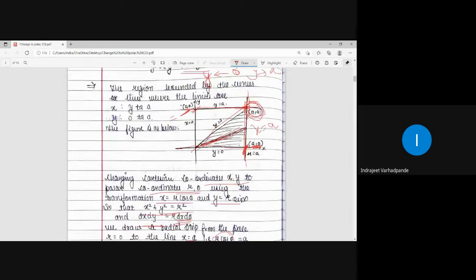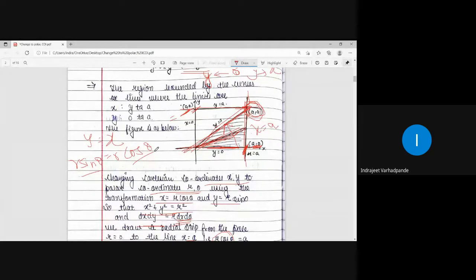Now this is a radial strip which will rotate from the initial line. Initial line theta is equal to 0 and the rotation will be till this particular boundary. Till this particular boundary means y is equal to x. Y is r sin theta, x is r cos theta, r cancels, sin theta is equal to cos theta.